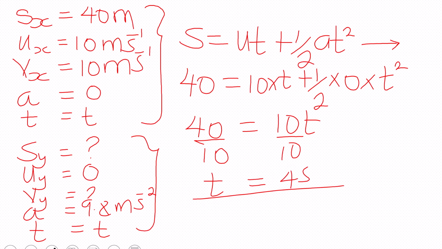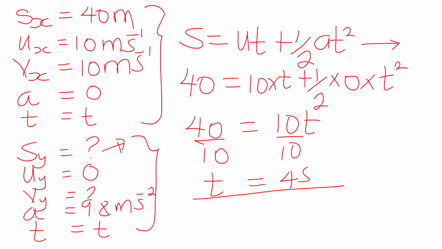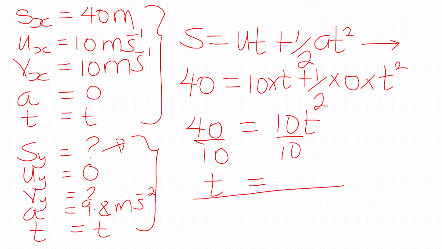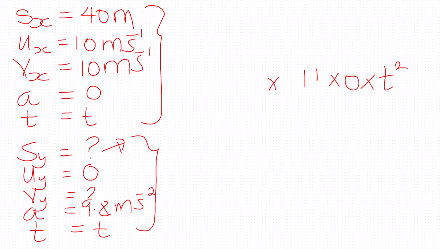As simple as that. So after now getting your time t, you can go ahead and calculate this distance from where the particle was released, and still using the same equations of motion. So let me erase that work and then we calculate the vertical displacement. So we are going to still use the 3 equations of motion.